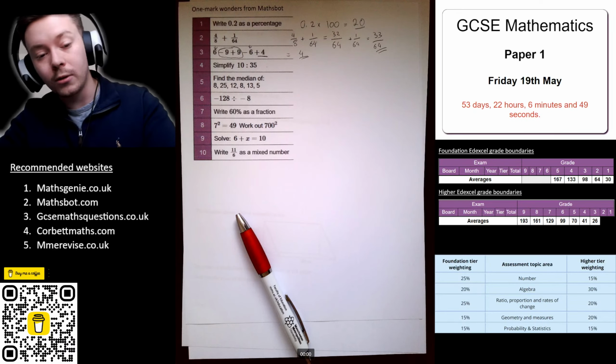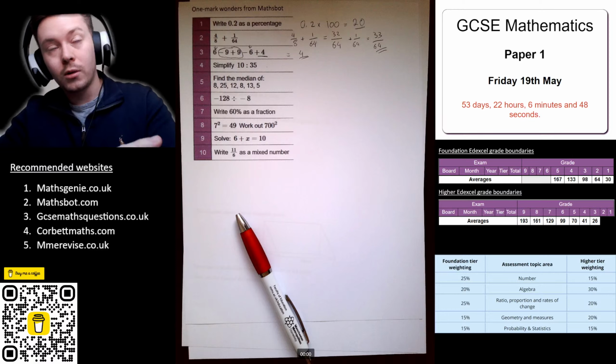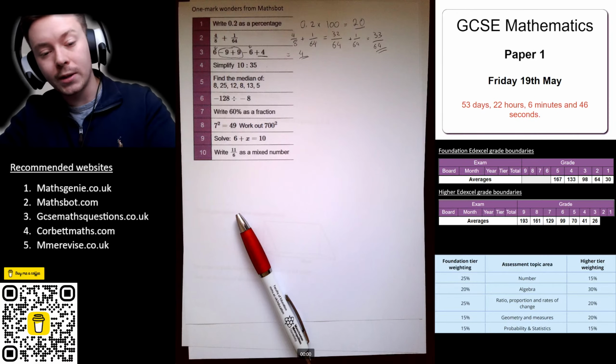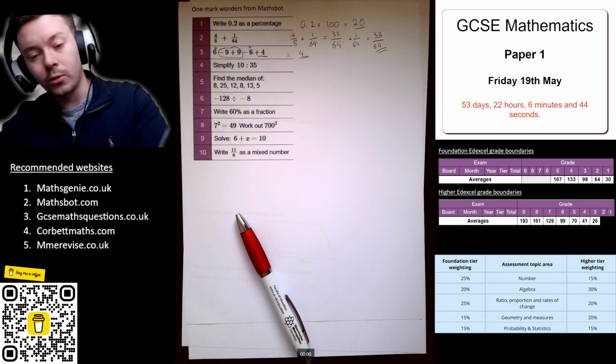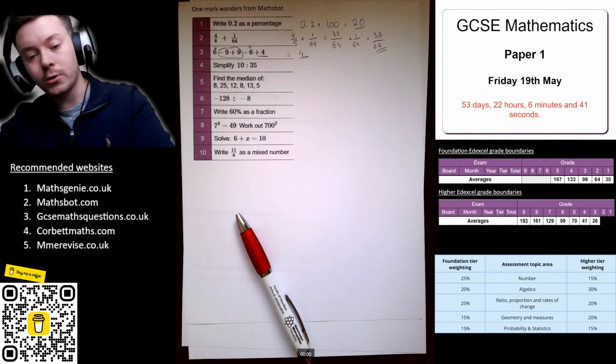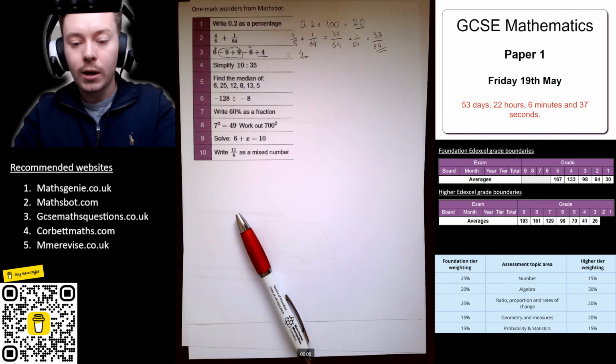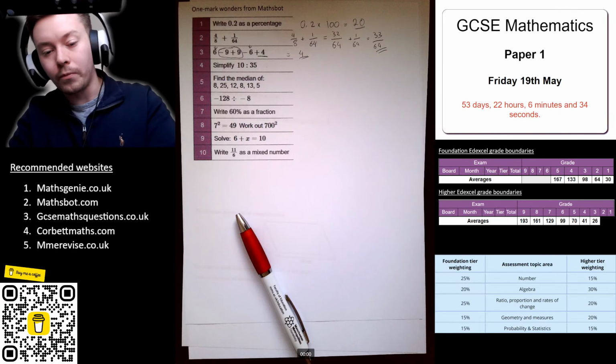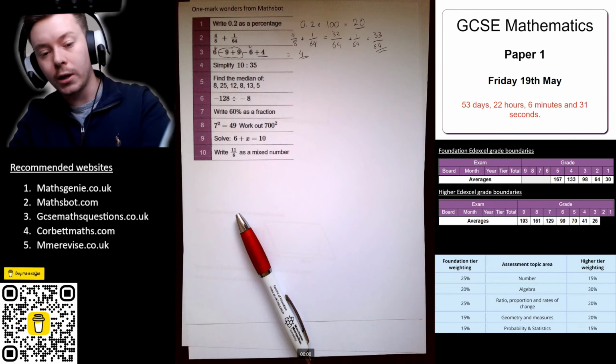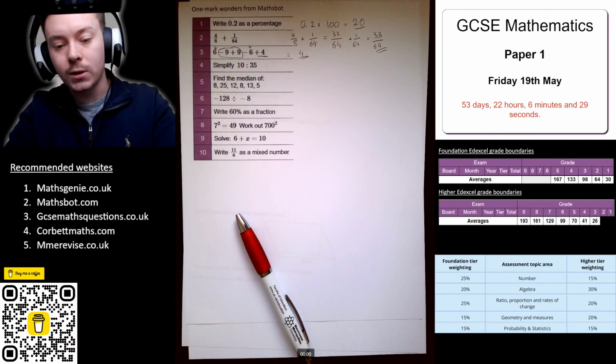So essentially all we need to do is get the equivalent calculation of 128 divided by 8. So I'll do that over here. I need to do the bus stop method. I'm assuming I don't have a calculator. 8 doesn't go into 1, carry my 1. 8 into 12 goes once, remainder 4. 8 into 48 goes 6, so it's 16.